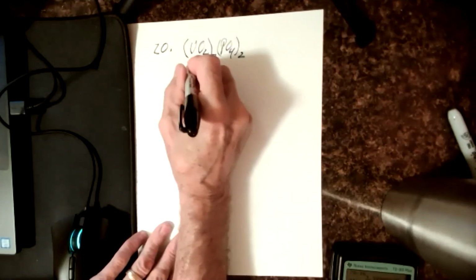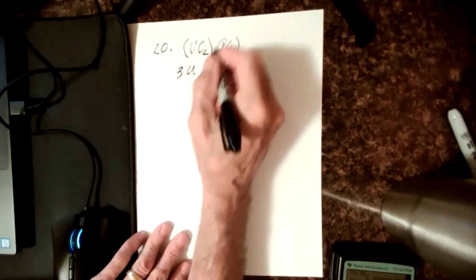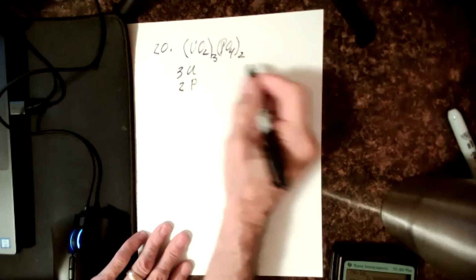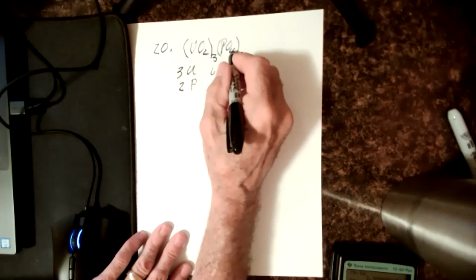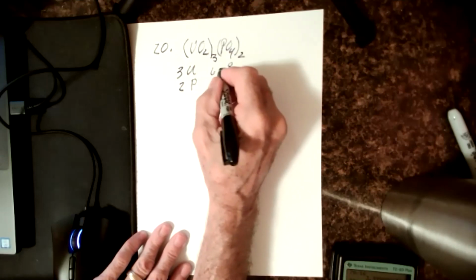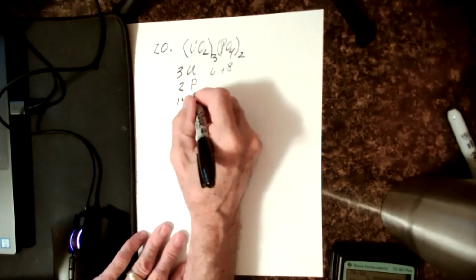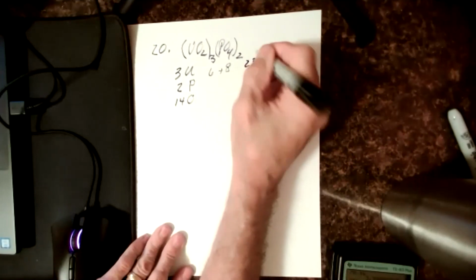We got 3 uraniums in here, no other uranium. I've got 2 phosphoruses. I'm going to take care of that one next because phosphorus is only here. But oxygen, I've got 2 times 3 is 6 here, and 2 times 4 is 8 here. So I've got a total of 14 oxygens. So now it's just a matter of 238.